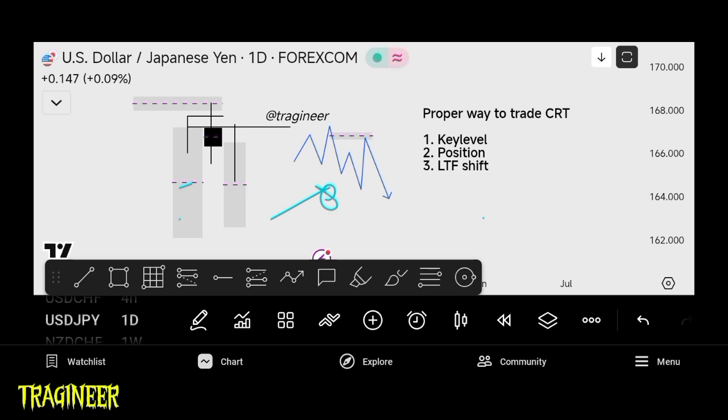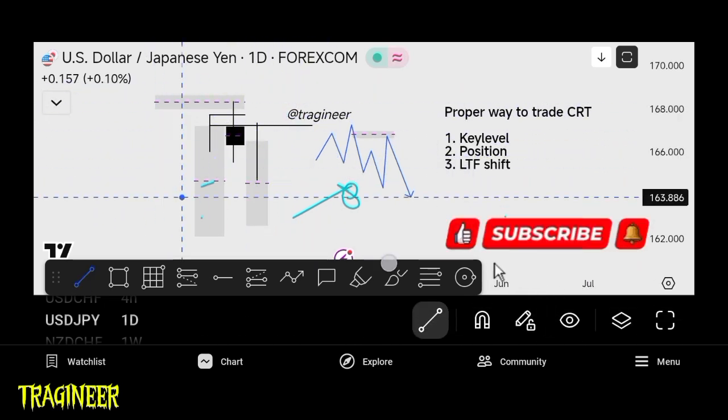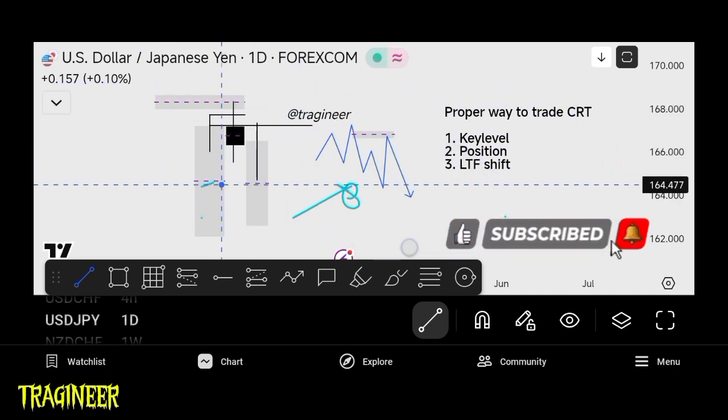So CRT is basically the formation of evening star or morning star candle in higher time frame. We can actually use this to get our bias for the day when spotted from 4 hours time frame and above. Looking at what I've drawn here, you can see that this is a textbook illustration of what CRT is all about, right?